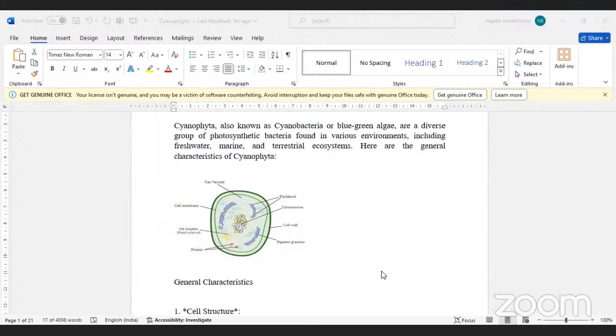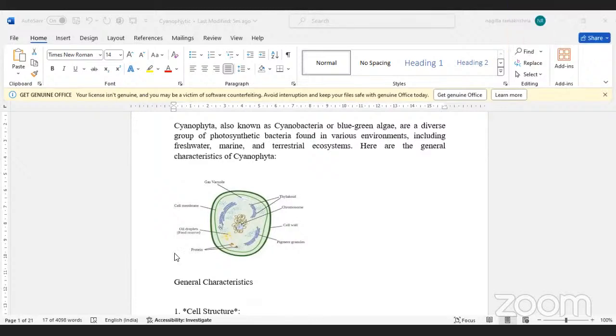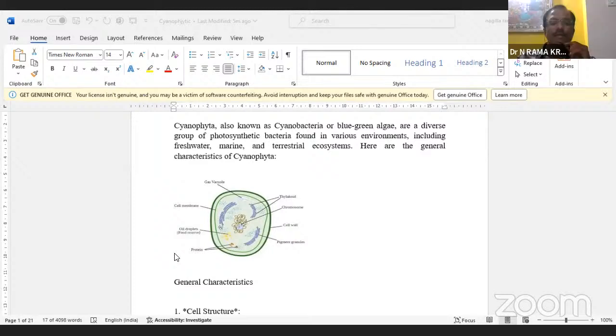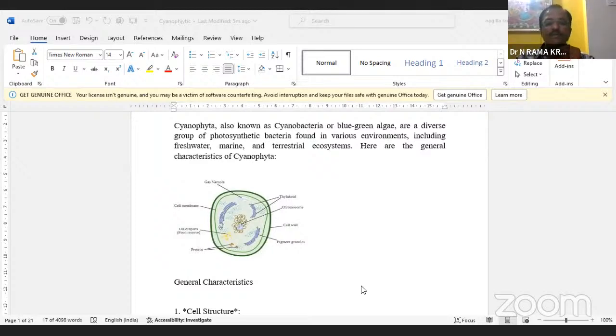Before going on, how many types of flagella are there? Two types. What is the first one?